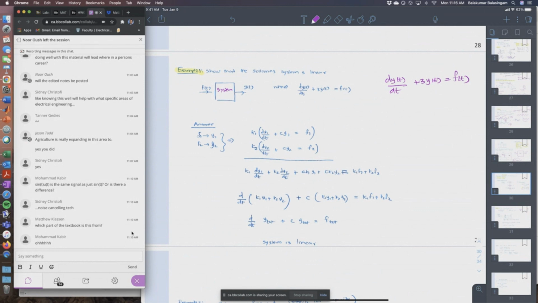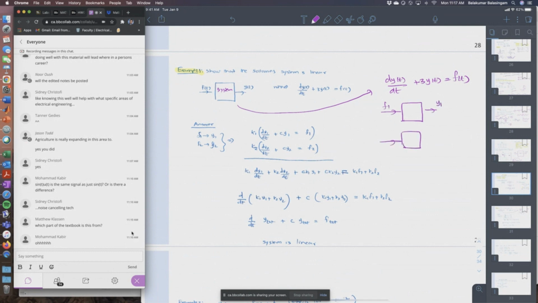And here is one simple example. Here the system is defined using this differential equation. We want to see if both of those properties hold. When you give input F1, you will get output Y1.